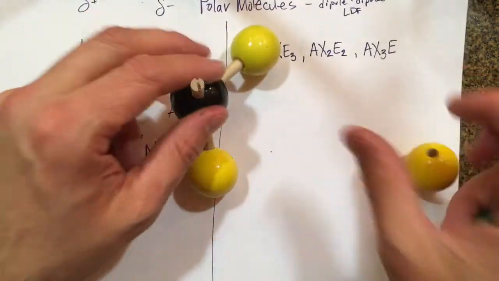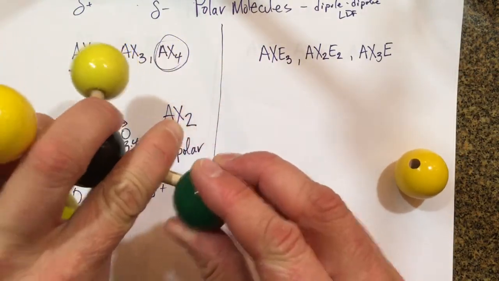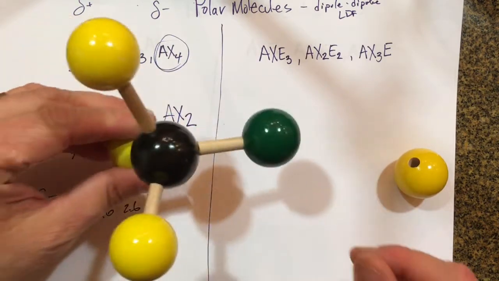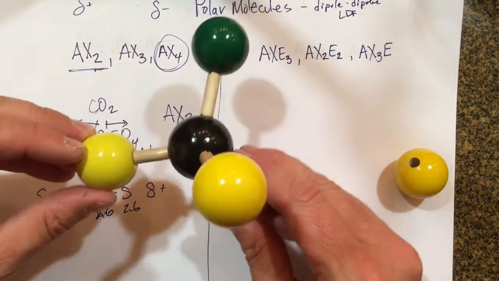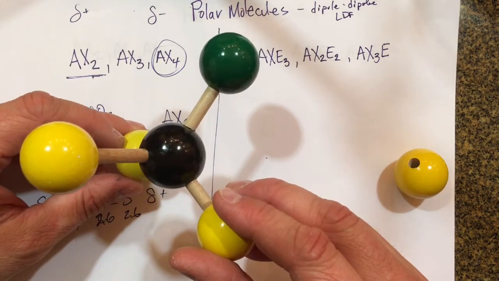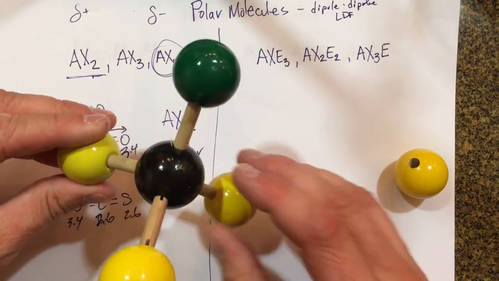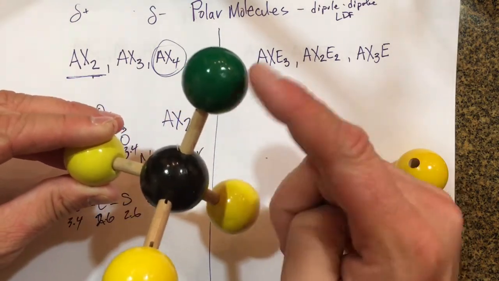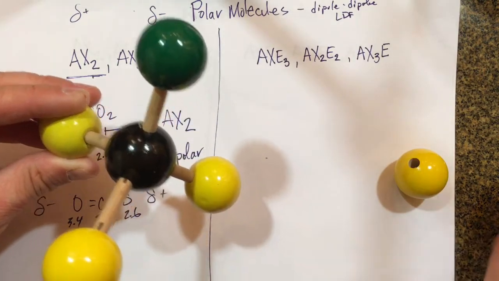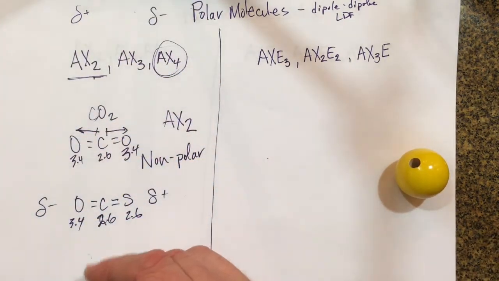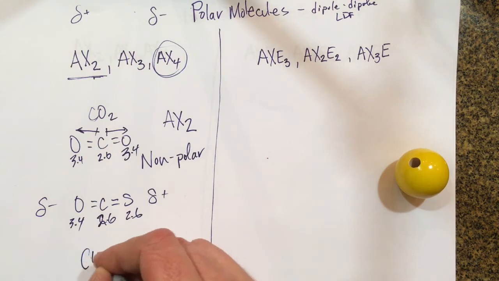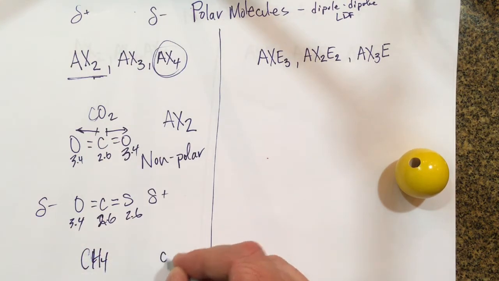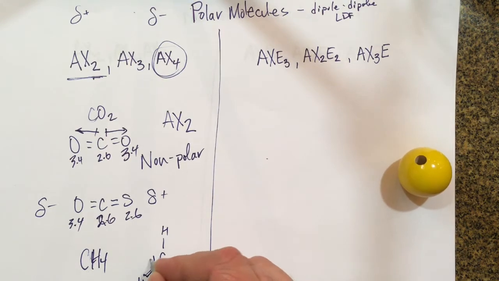But if 1, 2, or 3 of the things attached to it give it an unbalanced structure, then the electrons are pulled more towards one side than to the other side. And so if I had CH4, which has got a carbon bonded to a hydrogen, which is bonded to a hydrogen, which is bonded to, draw it to a hydrogen.